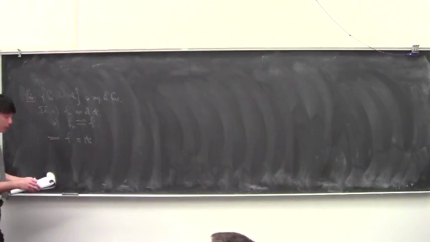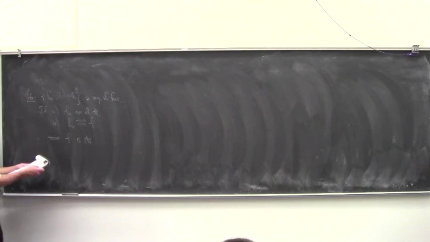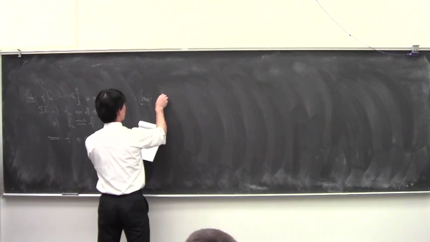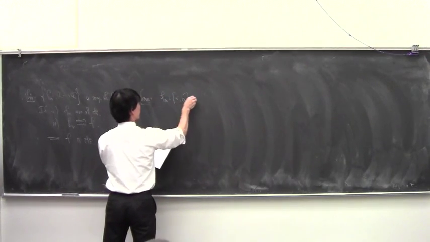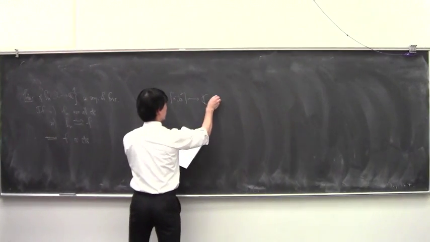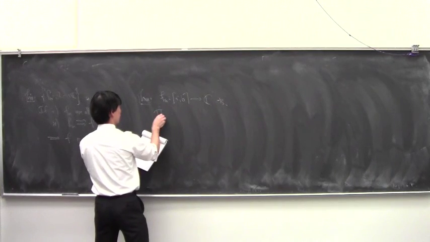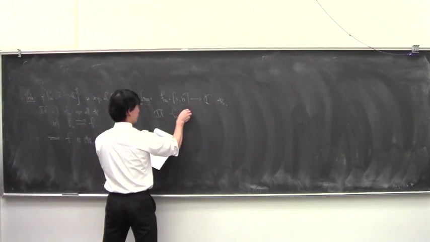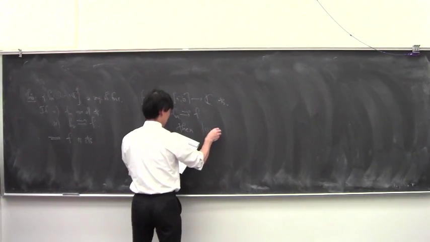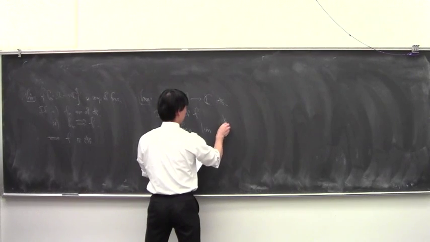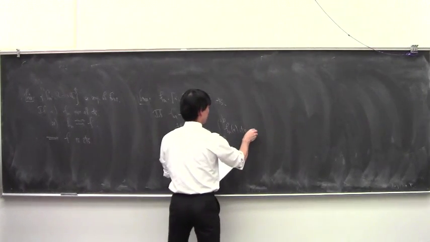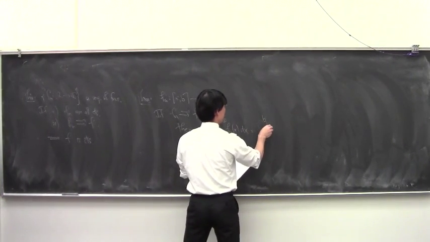Second thing, if you have some functions on a real interval, say, and they're continuous, if the Sn converge uniformly to some f, then the limit of the integrals actually is the integral of the limit.